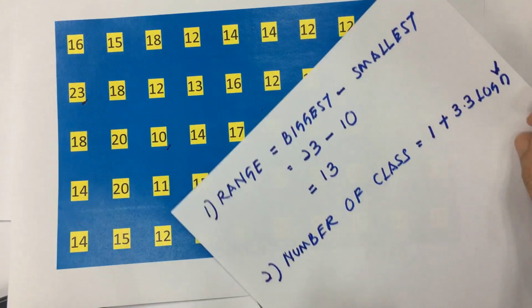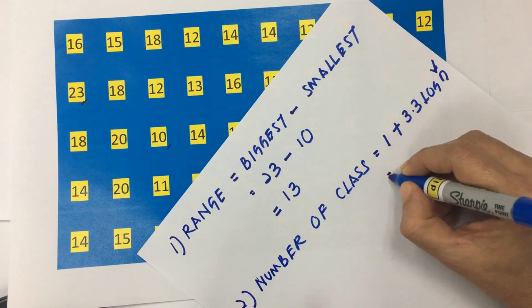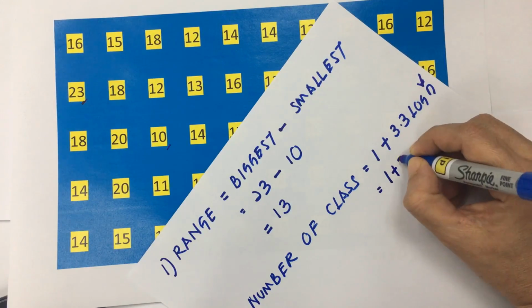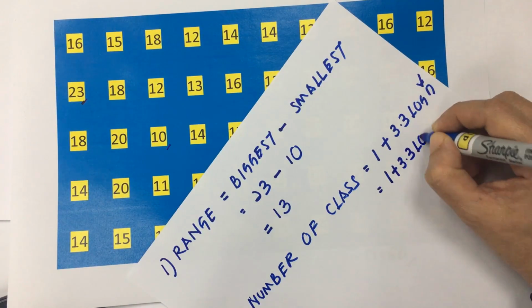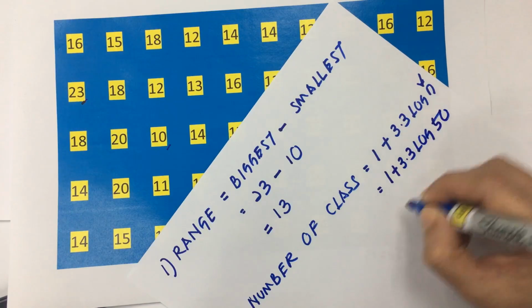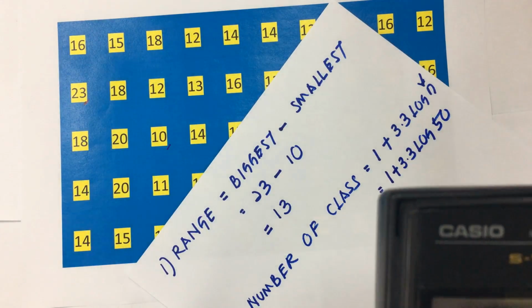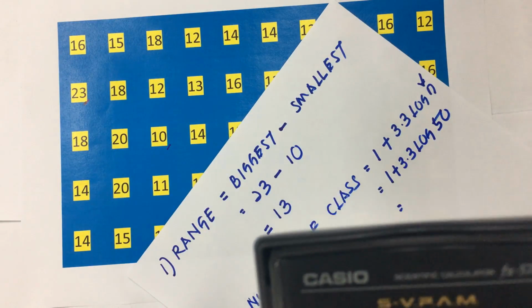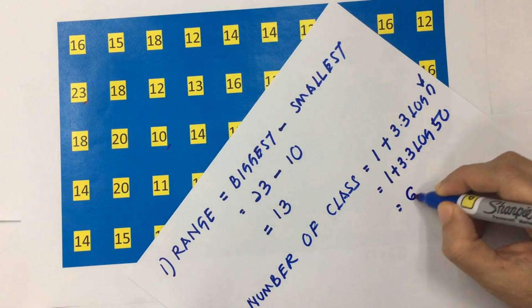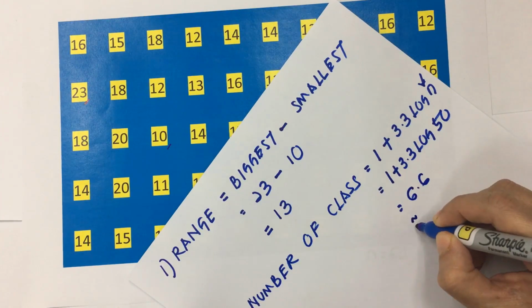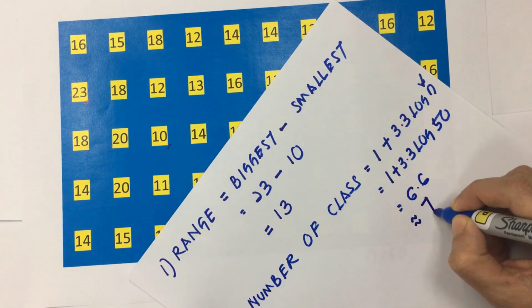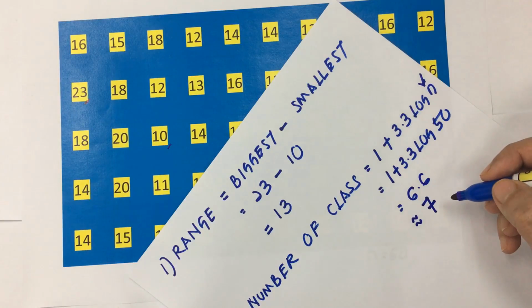So putting n equals 50 into this equation, you will get 6.6. Round to the bigger whole number, you get 7.